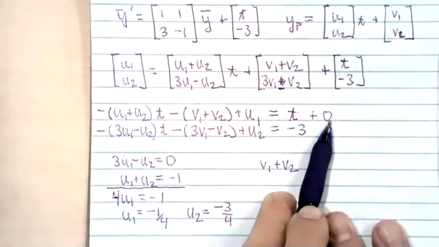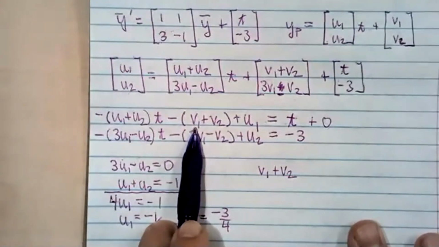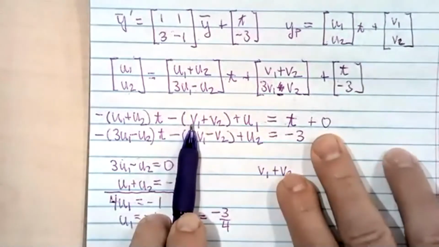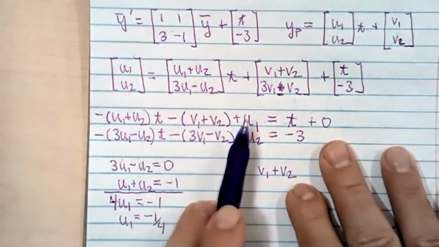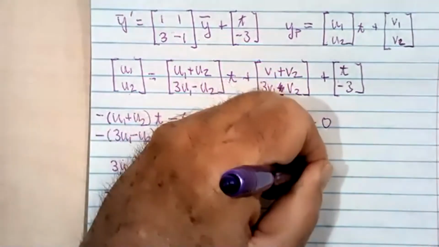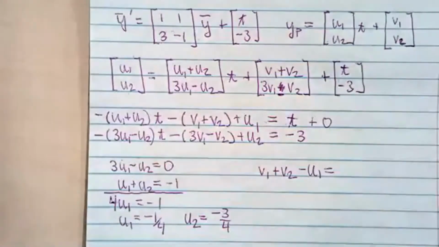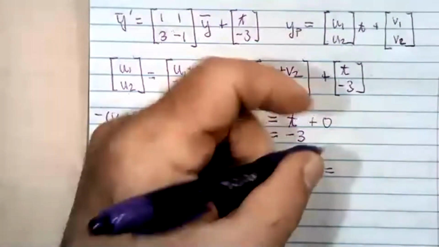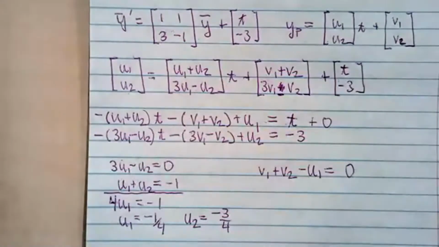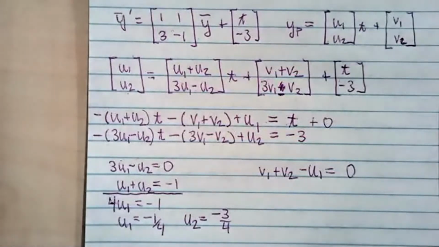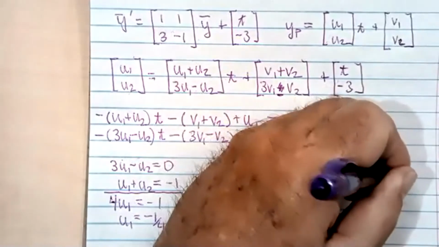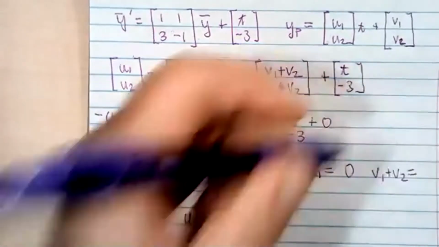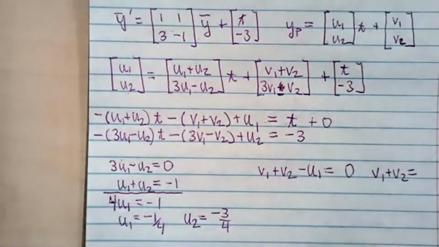That's what I'm working with. So if I actually just multiply that equation by minus 1, then I get v1 plus v2 minus u1 is still equal to 0. It's negative 0, but that's 0. And the good news is I know u1. So v1 plus v2 is equal to u1, and u1 is minus a fourth.